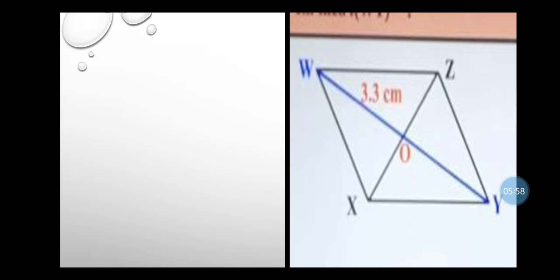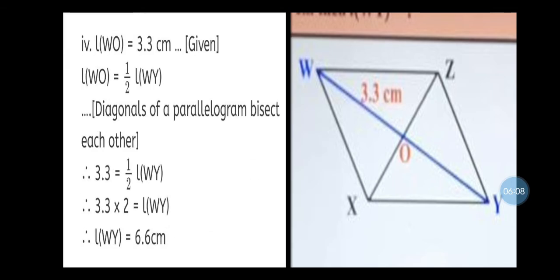The fourth sub question, length WO is equal to 3.3 centimeter. We need to find WY. Solution, length WO is equal to 3.3 centimeter given. We already know that diagonals of parallelogram bisect each other. Therefore length WO is equal to half of length WY.